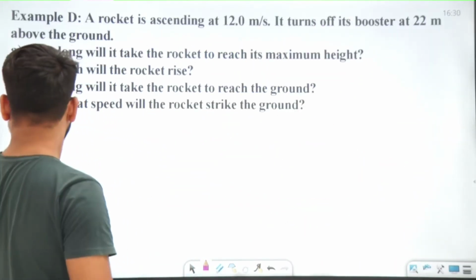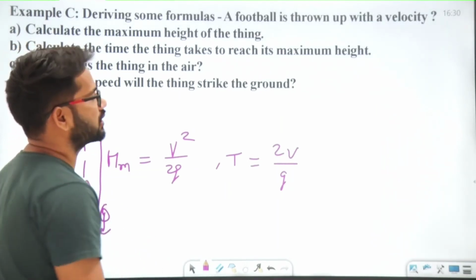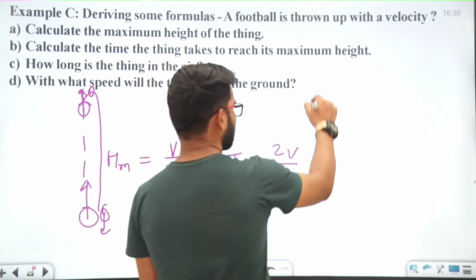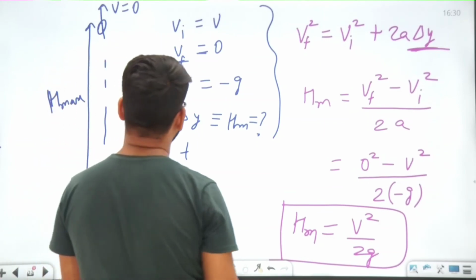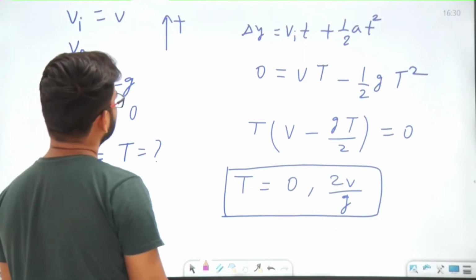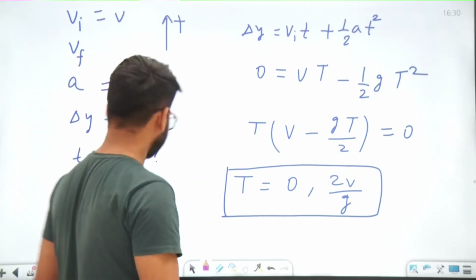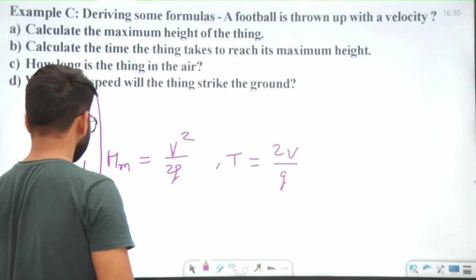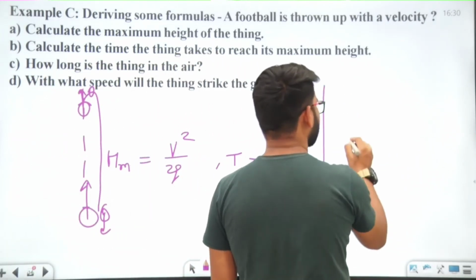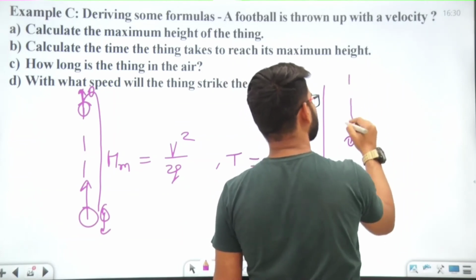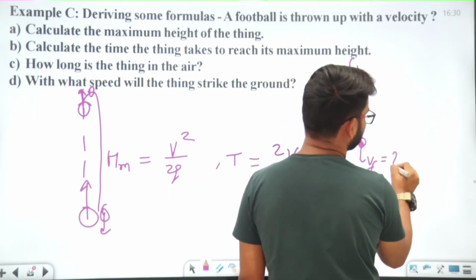And the third one is: with what speed will the thing strike the ground? We can calculate this. Going up with some velocity V and coming back and colliding will be the Vf. We have to calculate this.